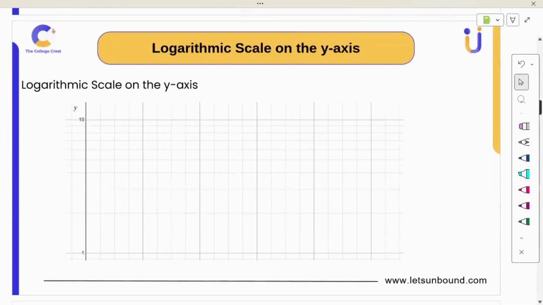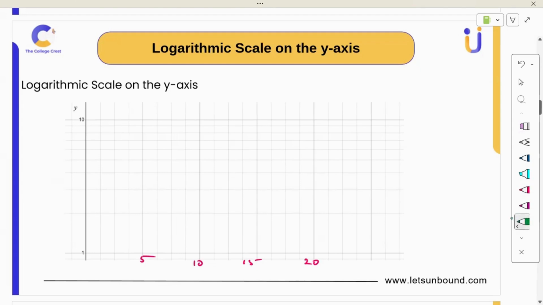So why should we always consider the y-axis, and how does it actually work? On the linear scale, it's 1, 2, 3, 4, or like 5, 10, 15, any normal scaling by adding up. But how will the logarithmic scale on the y-axis work?